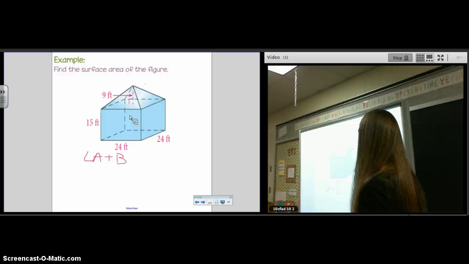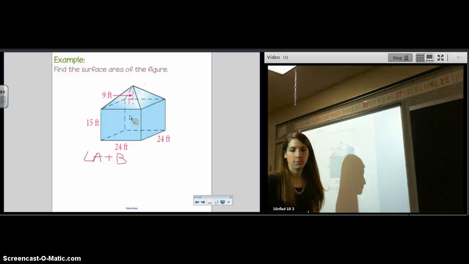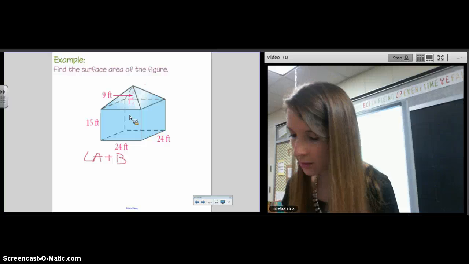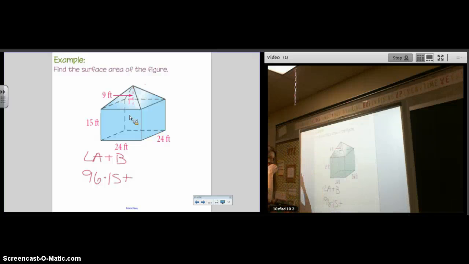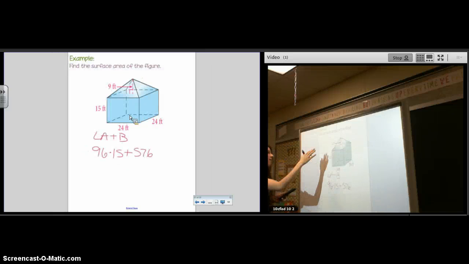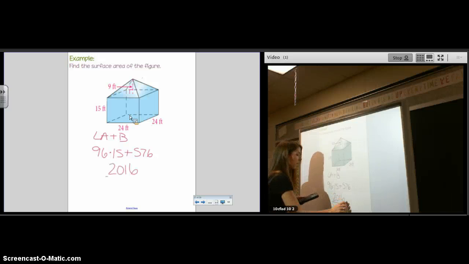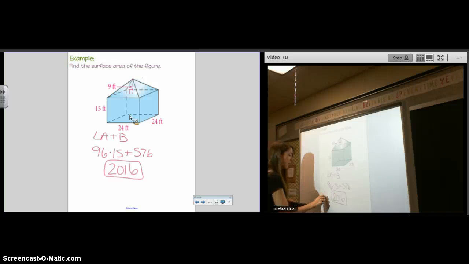So the LA would be the perimeter, 24 times 4, that would be the perimeter times the height, plus the area of the base, 24 squared. So I am getting the surface area of that rectangular prism right now. 96 times 15 plus 576. So a very large number. That is the surface area of the rectangular prism.